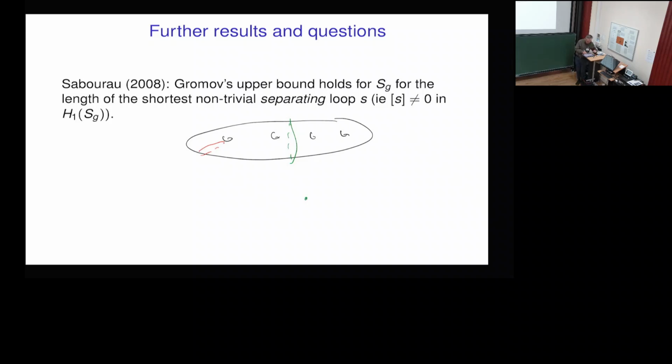Before, we produced a single small loop in the graph gamma t. Now to prove Sabourau's result, we just need two small loops, because then we take their commutator and we are done. Right? The commutator is separating. So we just need two small loops based at the same point. So it's similar.